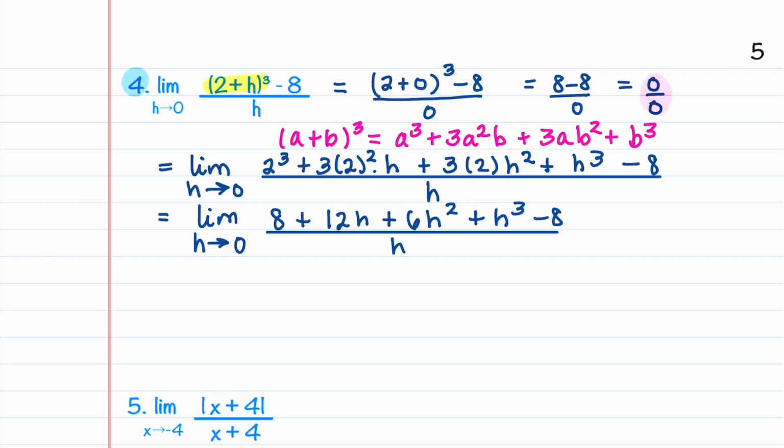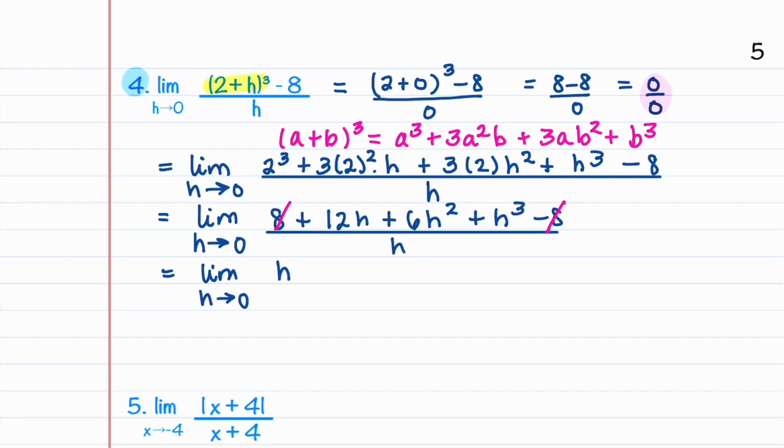Now let's look at our terms that cancel. We have an 8 that cancels, so that's great. Notice in the numerator that we have an h common to every term. So I am going to factor out an h, and we'll write this as the limit as h goes to 0.